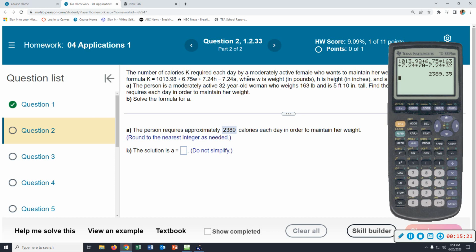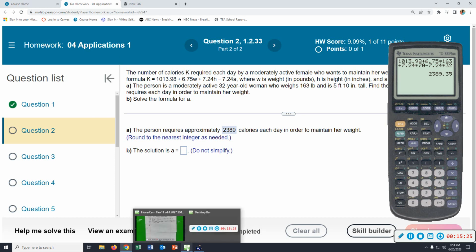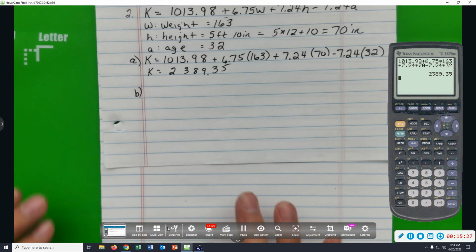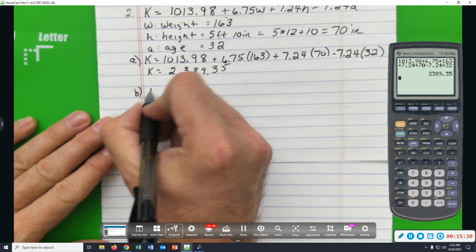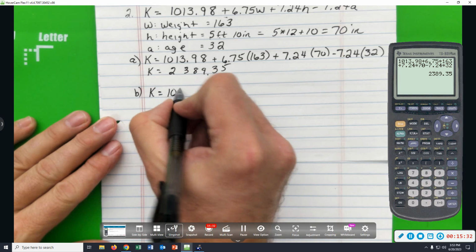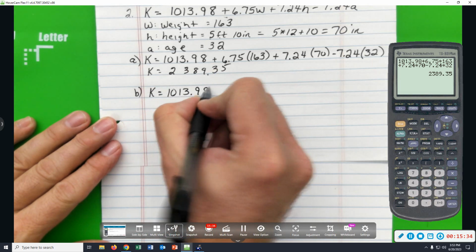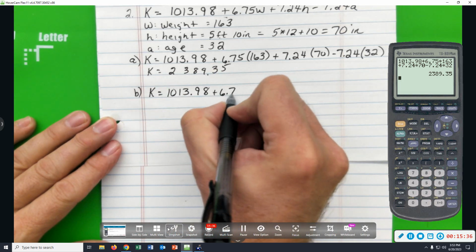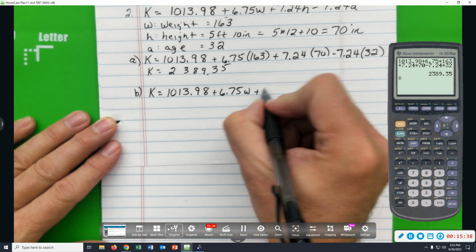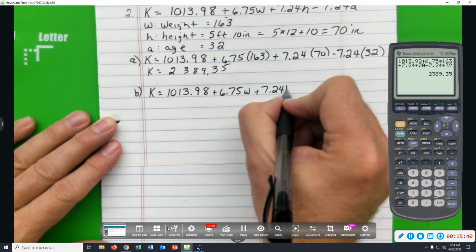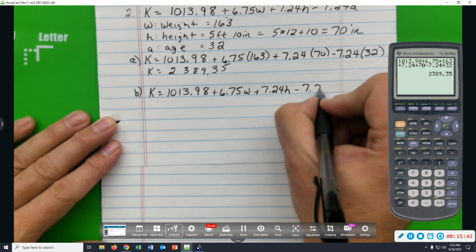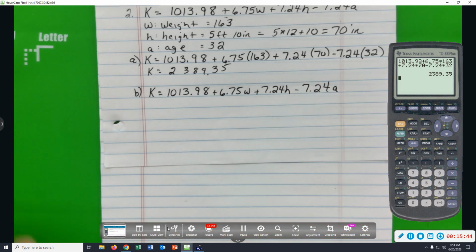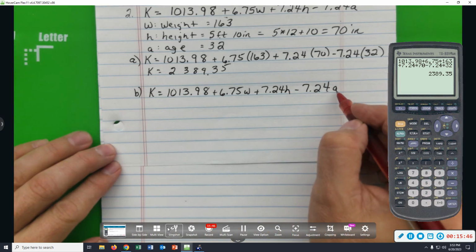Here's part B. So K equals 1013.98 plus 6.75W plus 7.24H minus 7.24A. So I'm solving for A.